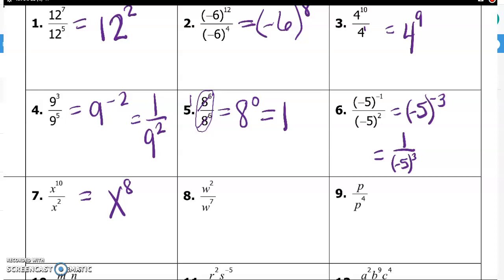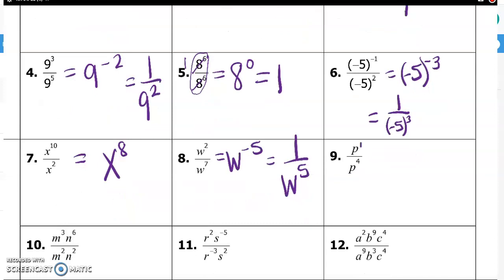So it's the same thing even if it's just variables. Number 8 would be w to the negative 5. So again, we need to write that as 1 over w to the positive 5. Number 9, we have 1 minus 4 would give us negative 3. And again, that needs to go to the denominator. So 1 over p to the positive 3.